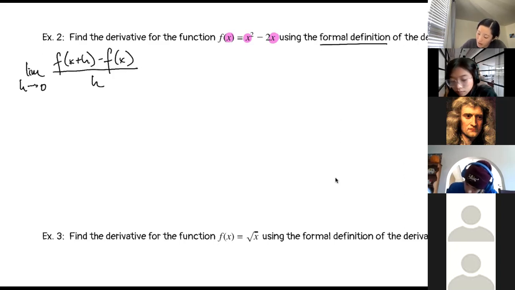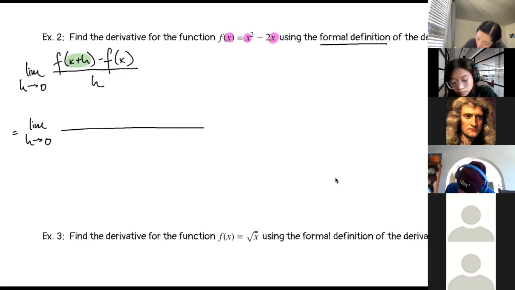Now, if I think about writing the f of x plus h part, okay, that means x plus h is going to go everywhere I see the x. So every pink dot that I have in the original will be replaced by x plus h. And so this first line is going to look pretty long. The limit as h approaches 0. Okay.